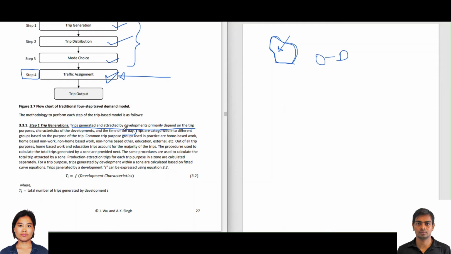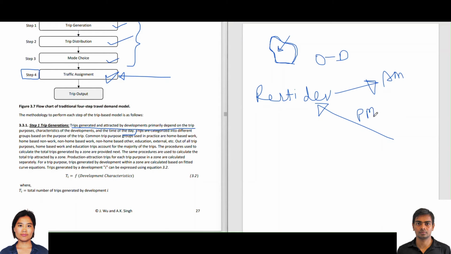For example, if we are looking at a residential area, then the number of trips going out of this residential area will be higher in the AM peak, and the number of vehicles coming into the residential area will be higher in the PM peak. So the number of trips generated from developments depends on the time of the day, the type of development, and characteristics of the development, whether it's a large residential area or a small residential area, and many other characteristics.